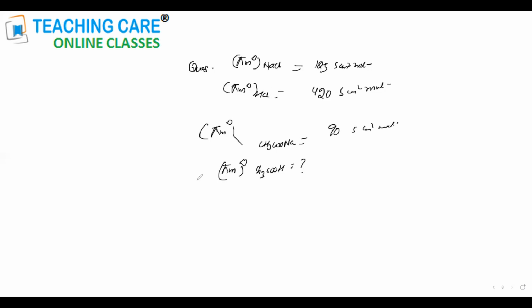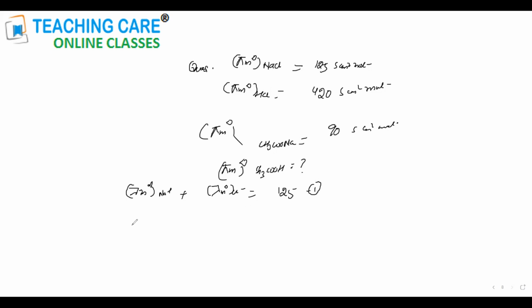So we can write the equation. For the first equation, we know that the molar conductivity of Na plus plus the molar conductivity of Cl minus is equal to that of NaCl, that is 125. This is the first equation.